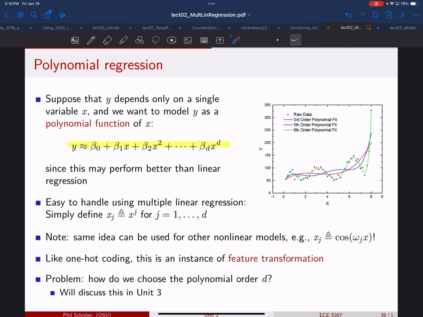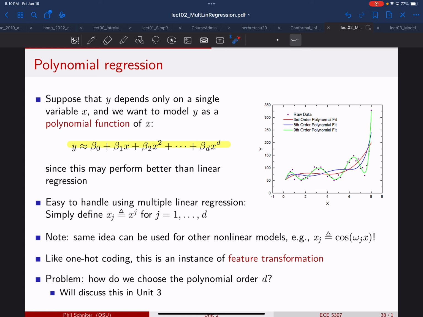The reason why you might want to do this is because maybe a line doesn't fit the data, but a curve will, okay? So the thing to realize here is even though we have a model that is nonlinear with respect to x, it is still linear with respect to your beta coefficients. And that means that we can still use all the machinery we developed in this unit without any issue at all.